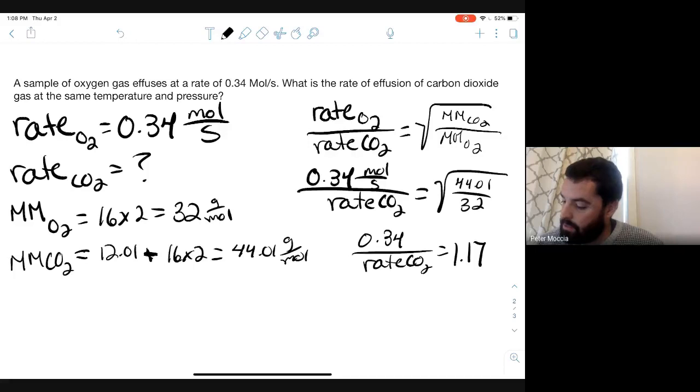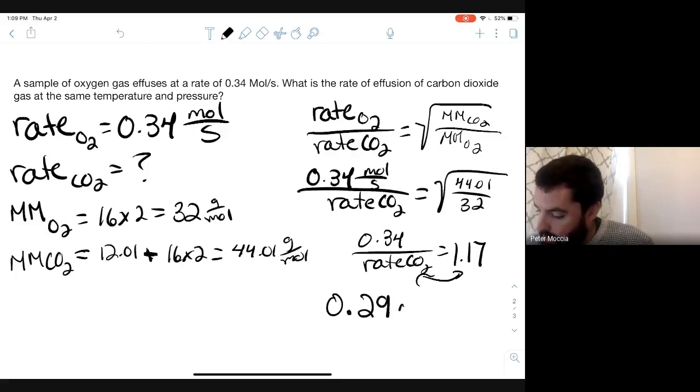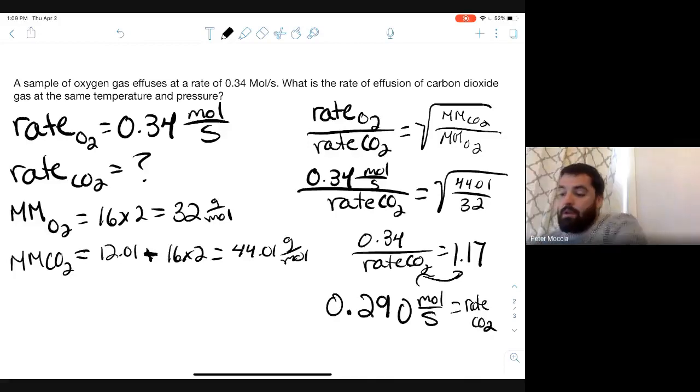Okay, we're going to do a little switcheroo here, and we're going to get 0.34 divided by 1.17 equals 0.290 moles per second, and that is equal to the rate of CO2. So that's it for today. That's Graham's Law of Effusion.